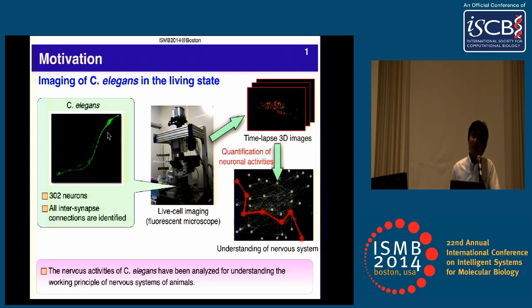We are now developing novel live cell imaging techniques to monitor the activity of all neurons of C. elegans in real time. So, for a given stimulation, we will observe how the input signals are processed in the nervous system of animals. Okay?